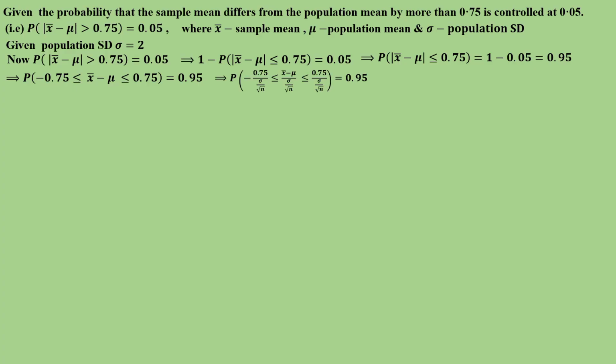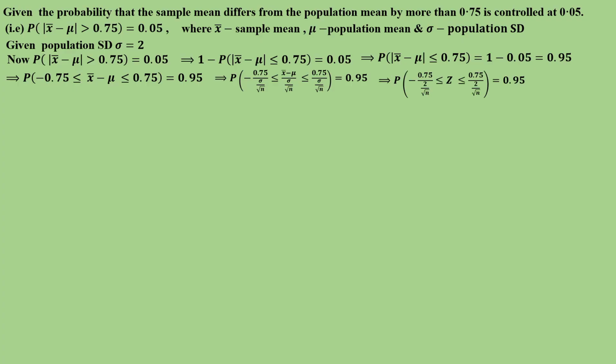So we need a normal curve, that is, we are making the center point in the inequality as z. If you need z, then divide by the standard deviation. So the probability of minus 0.75 by sigma by root n less than or equal to x bar minus mu by sigma by root n less than or equal to 0.75 by sigma by root n is equal to 0.95.